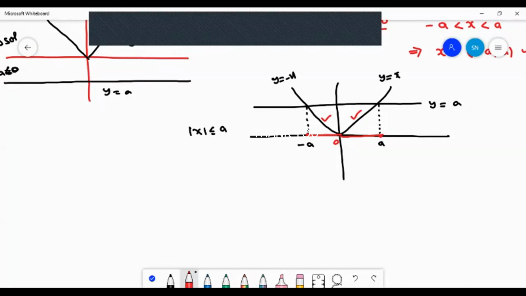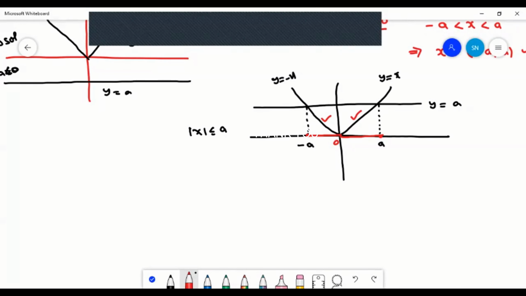I'm repeating: collect the values of x at which the graph of y equal to modulus of x is lying below y equal to a. These two parts have corresponding abscissas minus a to plus a. So this is the complete region.